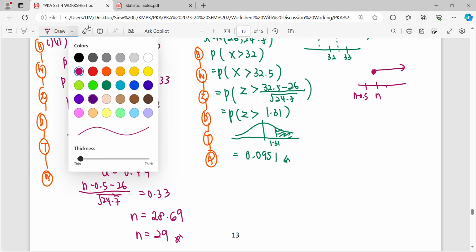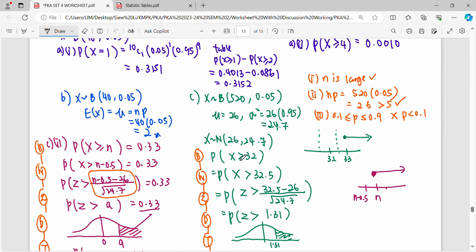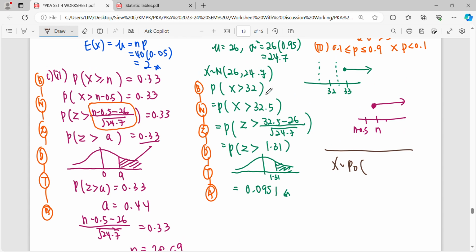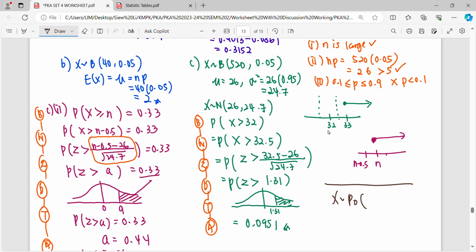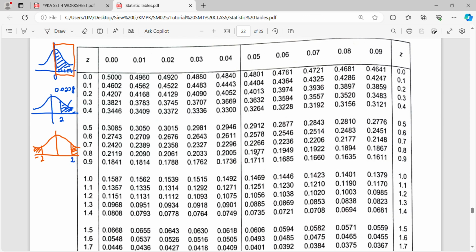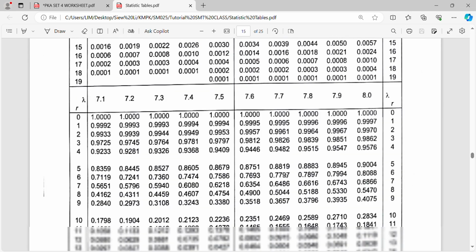So let's say if just now we continued to answer the question by using Poisson, X is distributed Poisson with mean 26. So in the Poisson way, for X more than 32, we read lambda. It will be reading X more than 33. Find for your Poisson.